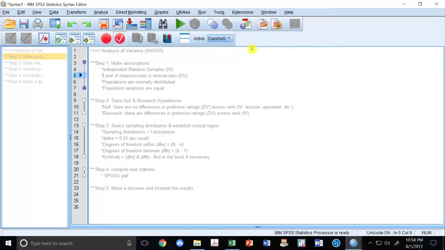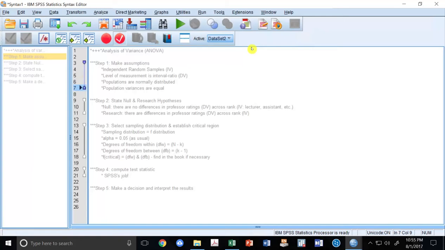Second assumption here is level of measurement is interval ratio for the dependent variable. Again, just make sure you have the right type of variable in the analysis. Populations are normally distributed. This is another big assumption that we have no control over as researchers, unless we have access to the population data and we can gather that information, which we typically can't.